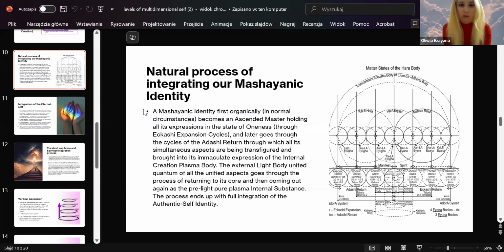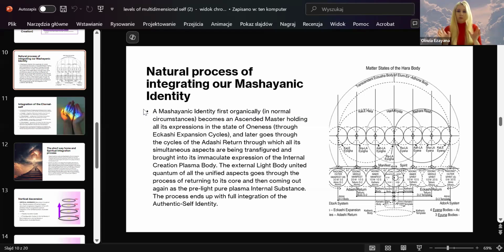Because if we notice it this way, our external bodies are like all over the place. You can find yourself in dimension 4, 5, 6, etc. All of it is kind of like on the outside of you, so to speak. But then when you have your plasma body, it's on the inside of yourself. It's on the inside of your physical body, which is your point of focus right now.